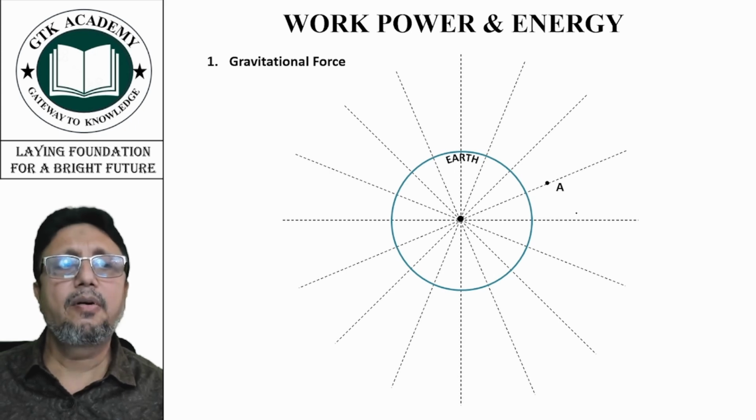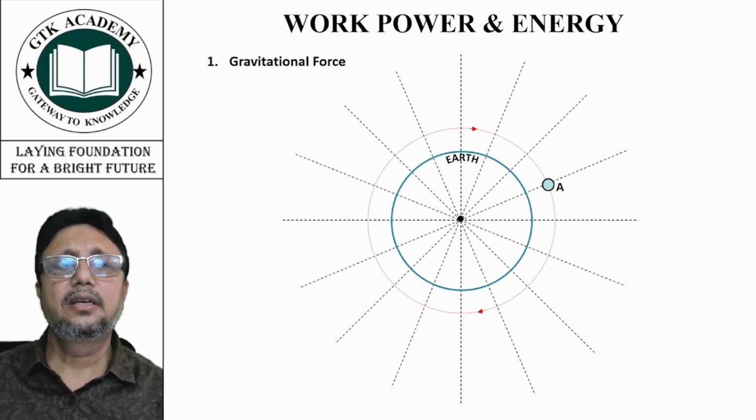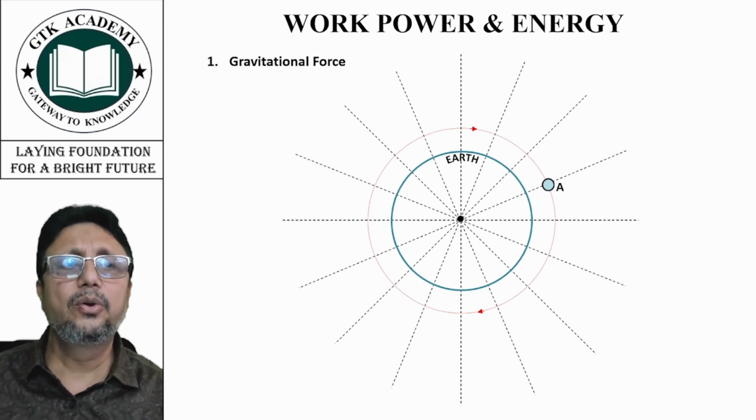Now if we have a body at A and we move it in a circular path, say like this, what is going to be the work done? Can you just guess? I think we just now discussed the work done will be zero in that case because there is no displacement in the direction of force.